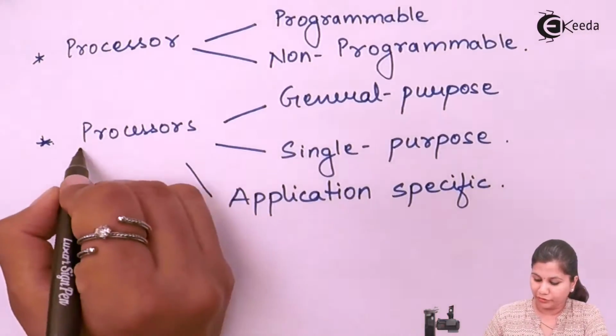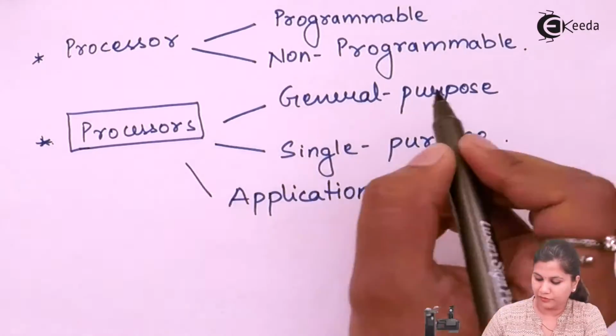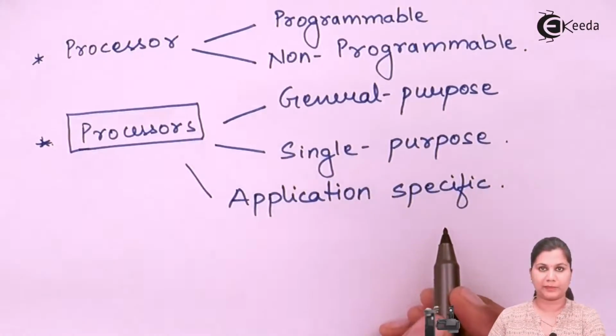So there are three types of processors: general purpose, single purpose, and application specific.